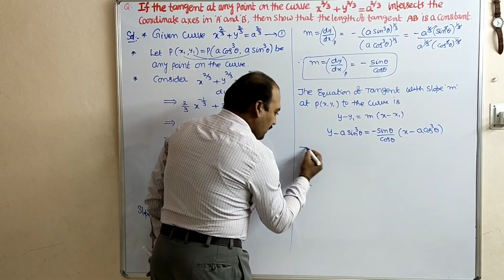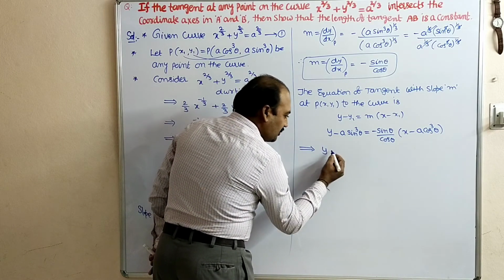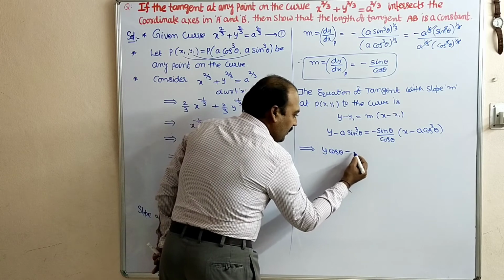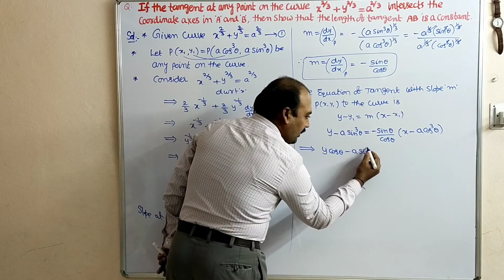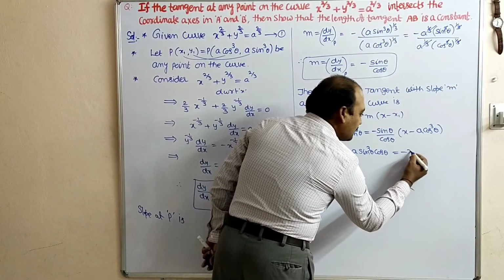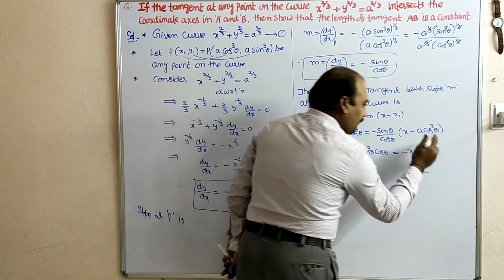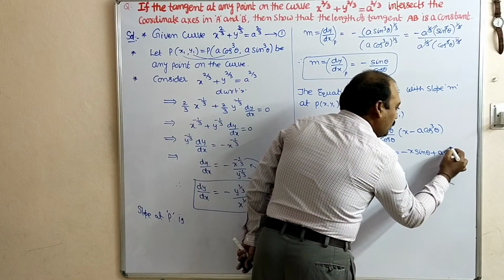Now cross multiply. Each and every term multiplying by cos theta: y cos theta minus a sin cube theta into cos theta is equal to minus x sin theta plus, minus into minus is plus, a cos cube theta into sin theta.